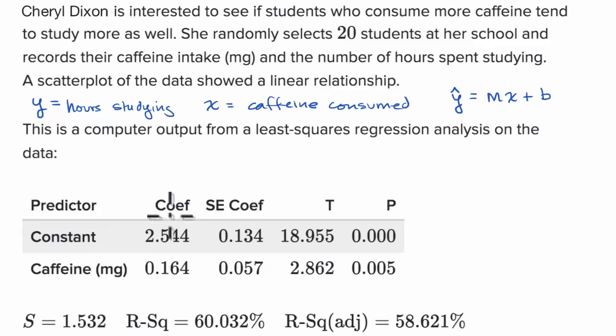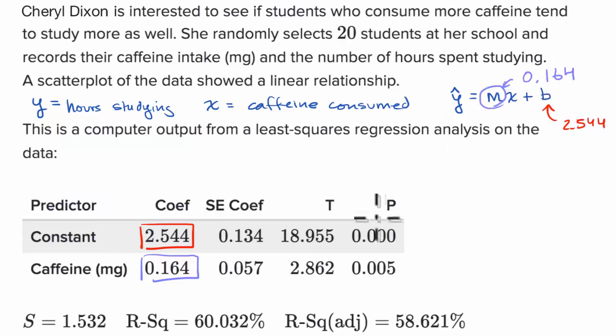And so this tells you the coefficients on each. The coefficient on a constant is the constant. You could view this as the coefficient on the x to the 0th term. And so the coefficient on the constant, that is the constant, 2.544. And then the coefficient on the caffeine, well, we just said that x is the caffeine consumed, so this is that coefficient, 0.164.